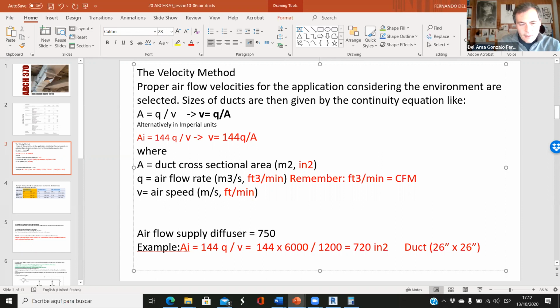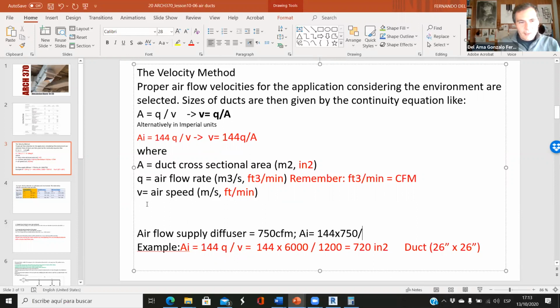It's 750 CFM. Okay, so now, what is the area? The area of the last supply diffuser, when we have only 750 CFM, will be 144 times 750 divided by the velocity.